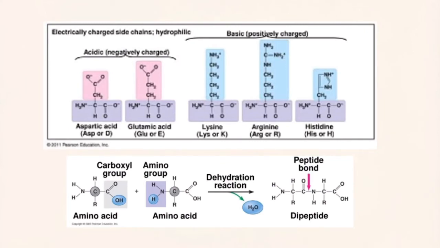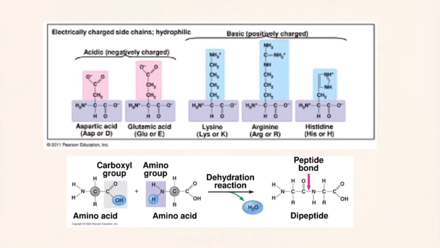Last one is electrically charged side chains, and they are also hydrophilic. It is separated into acidic and basic ones. Acidic chains are negatively charged, so if there is any negative sign, you will recognize that it is acidic and electrically charged side chains.